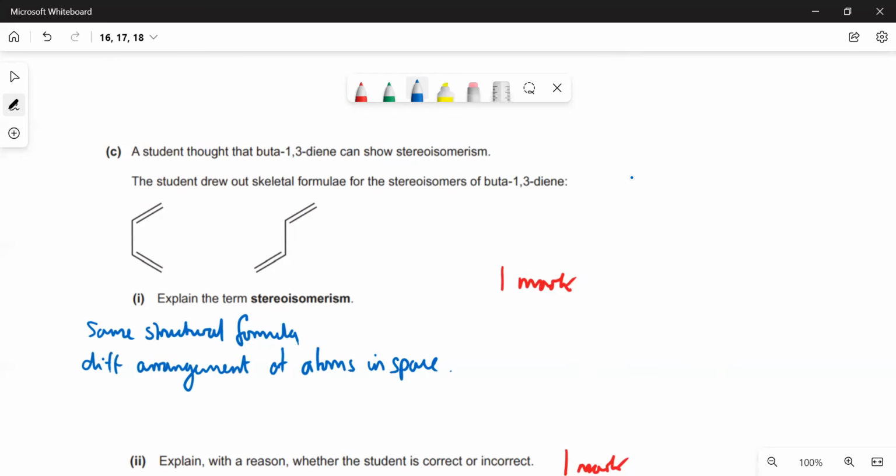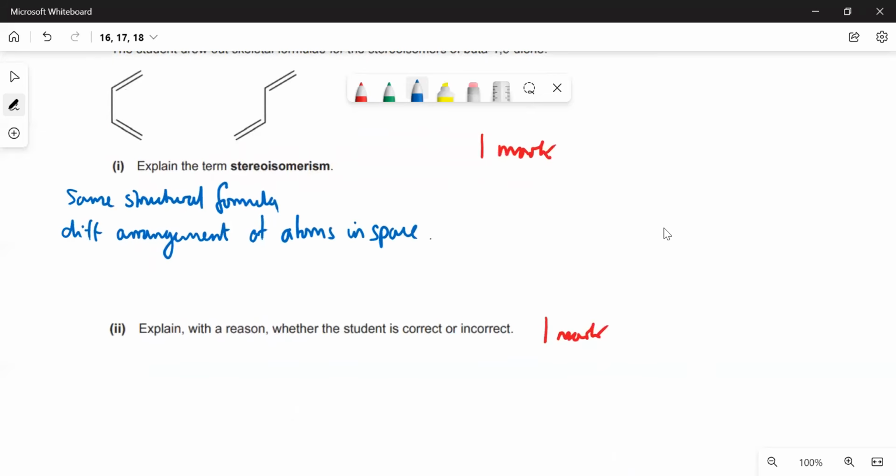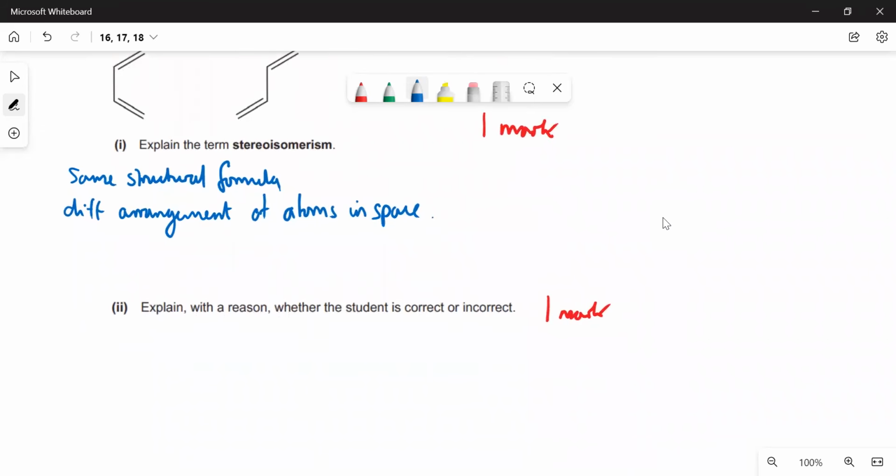Explain with the reason whether the student is correct or incorrect. Well, he is incorrect, isn't he? This buta-1,3-diene doesn't show EZ isomerism because look, when we draw it, that carbon there has got two hydrogens attached to it. It's got the same things attached to the carbon. So you can't have stereoisomerism across that particular double bond.